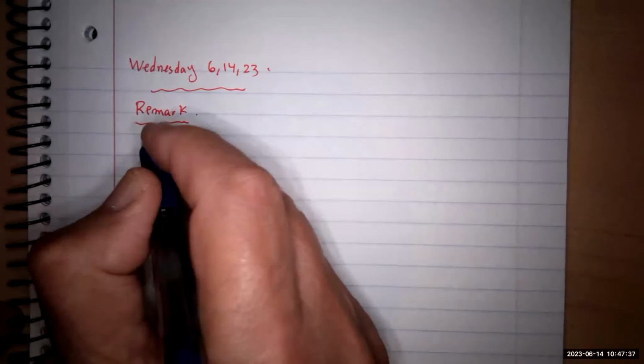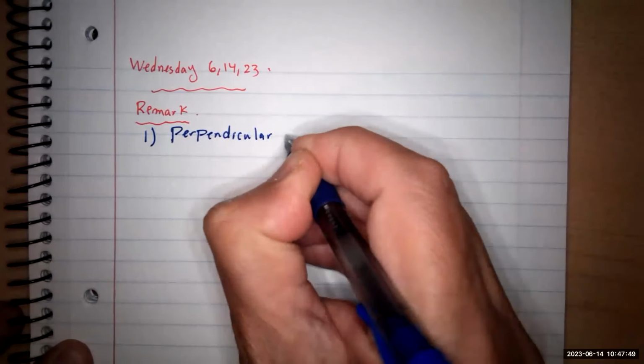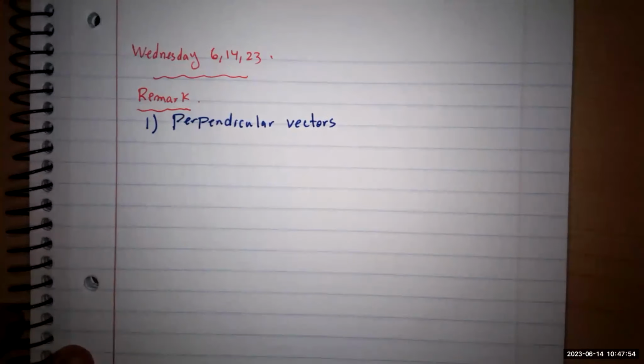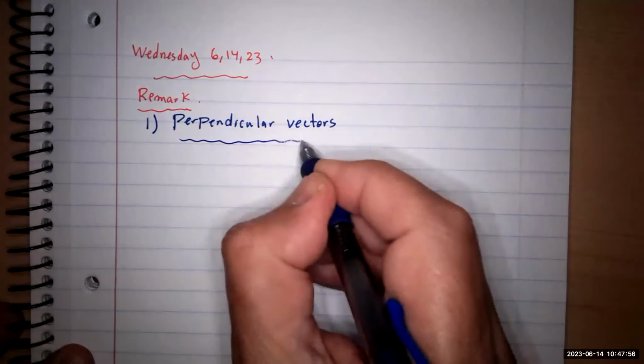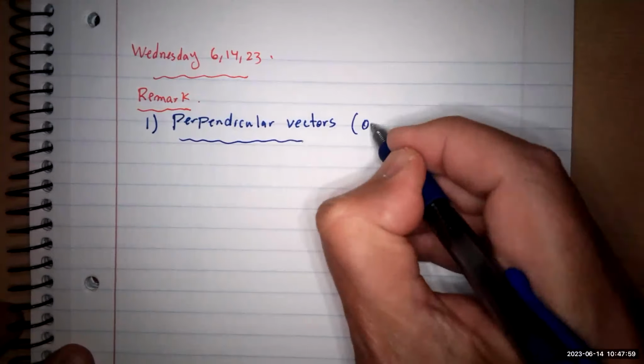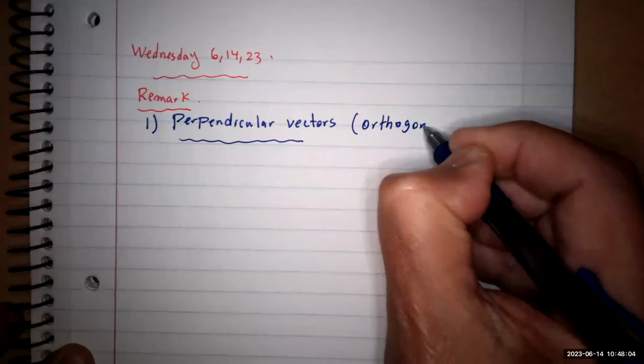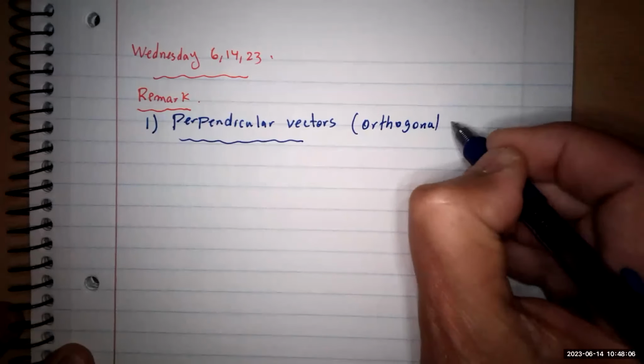The first part, we are going to introduce perpendicular vectors. What are perpendicular vectors? From time to time we use the expression orthogonal. These are the two expressions that we're going to use: perpendicular vectors, orthogonal vectors.